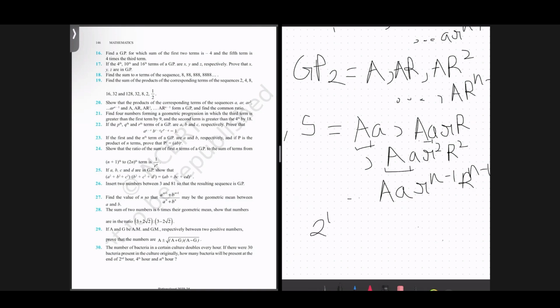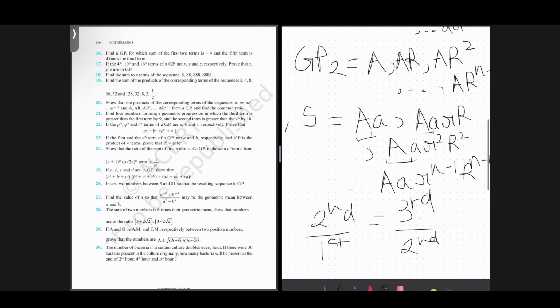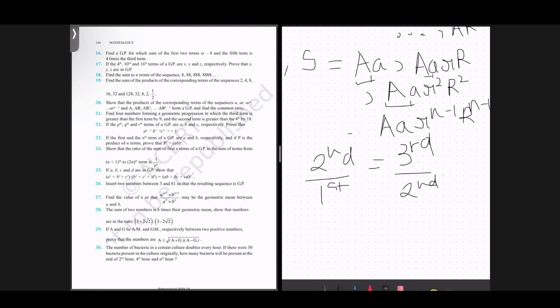So, if I show that second term divided by first term is equal to third term divided by second term, that will be a sufficient condition for me to prove that this is a GP, right? So the second term is this, and the first term is A. A gets cancelled. So on the LHS, you have rR.